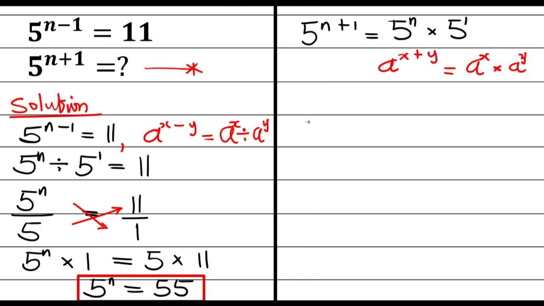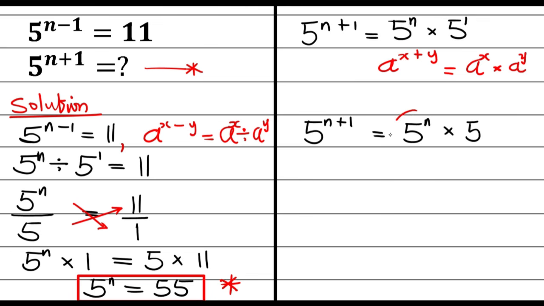Now I can say 5 raised to the power of n plus 1 equals 5 raised to the power of n multiplied by 5. If we remember from what we've gotten earlier on, we're saying here that 5 raised to the power of n equals 55.